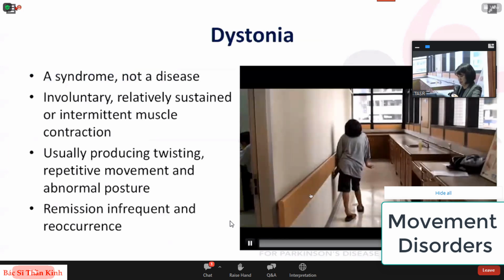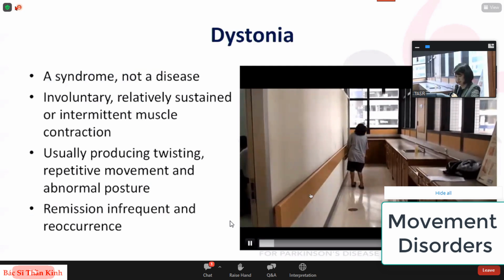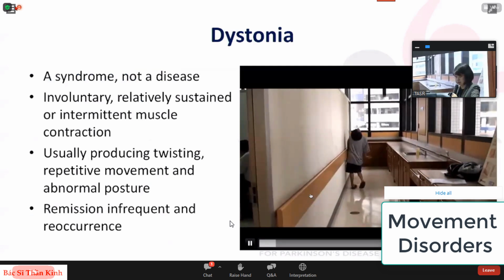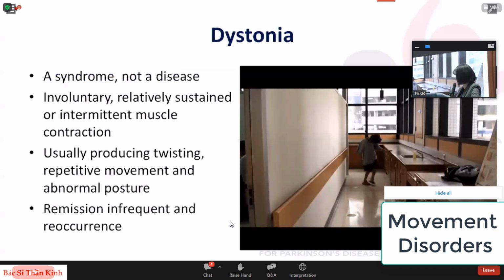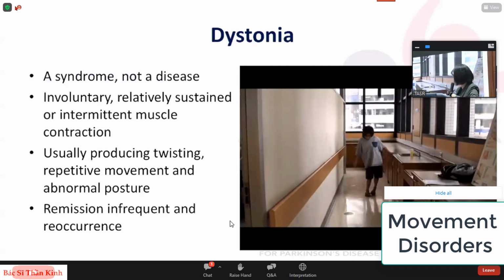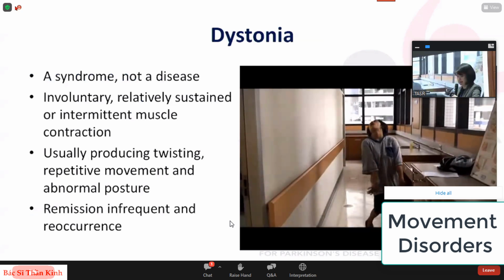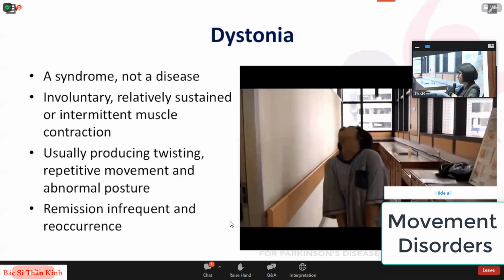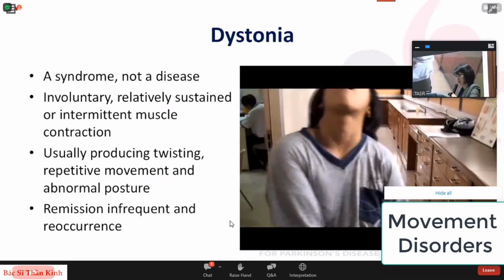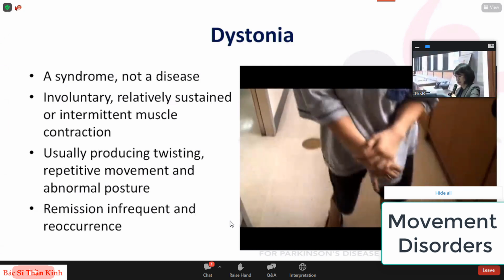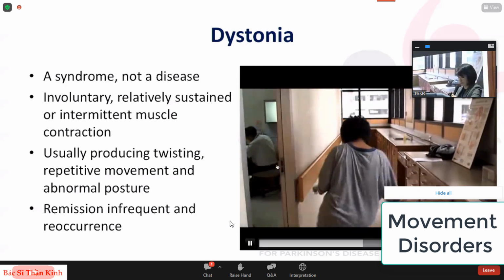Again, I will show you a generalized dystonia patient, which is involuntary, relatively sustained or intermittent muscle contraction, and usually produces the twitching that you will see in her neck, her arm, and her trunk, which is twitching and repetitive movement with an abnormal posture.